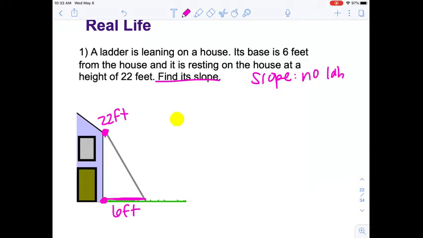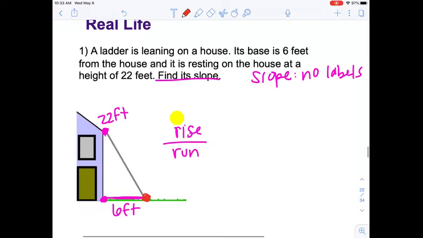And just a pointer here that's helpful, slope has no labels, unlike rate of change, which has 2 labels. So I'm going to use rise over run. Rise over run just means how far up or down I have to go and how far left or right I have to go.